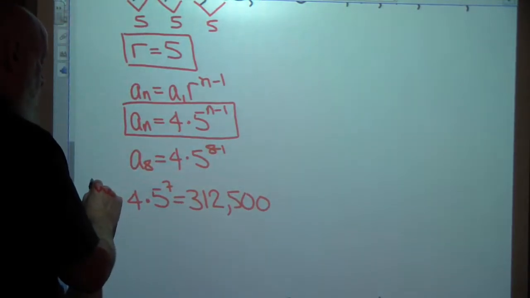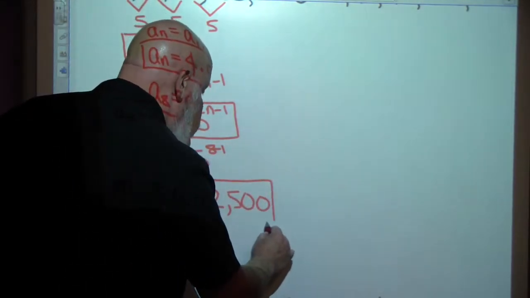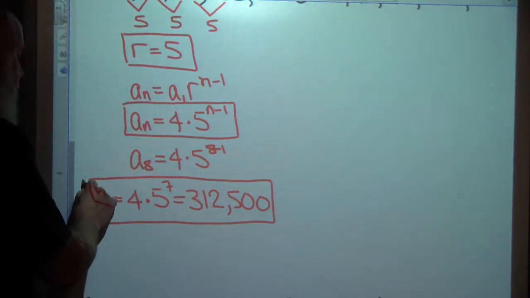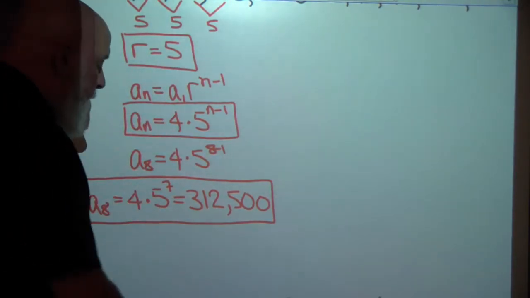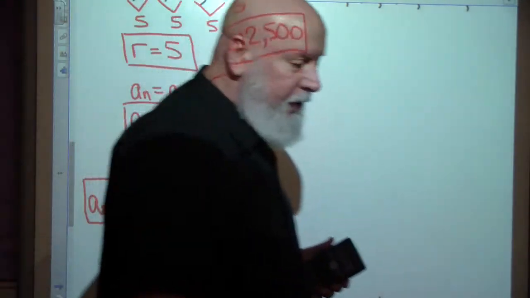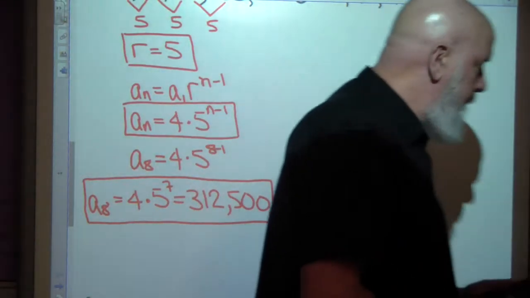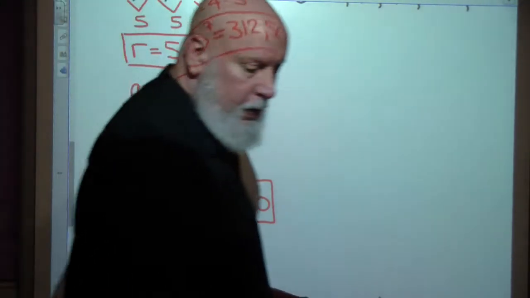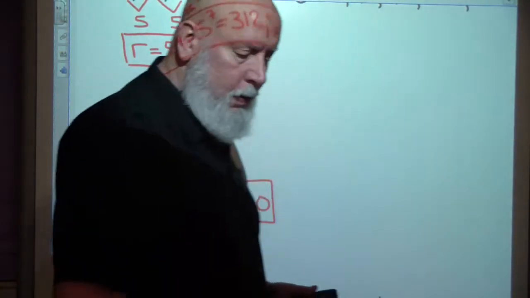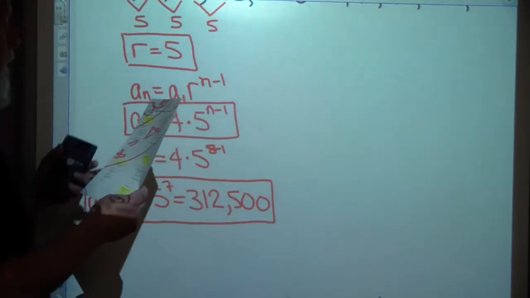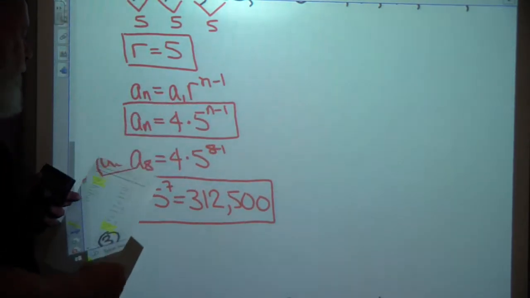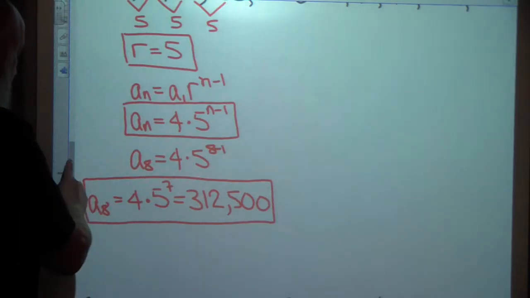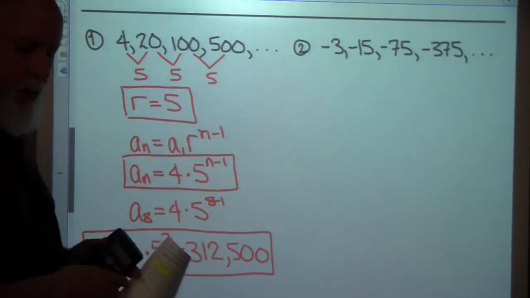And that's the third thing they asked us for. They asked us for 3 things. They asked for the 8th term second. They said find the 8th term, but we found it last because it's easier to find it if we have the explicit formula to use. 312,500, yay!